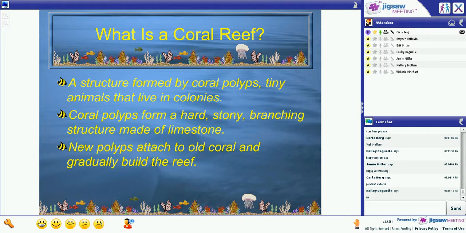Coral polyps are hard, stony, some of them are branched, some of them look like rocks, structures made out of limestone. Basically, they're the shell of the coral that was alive. Coral reefs are built when these new coral animals attach to the old coral reefs, and they grow and get larger.